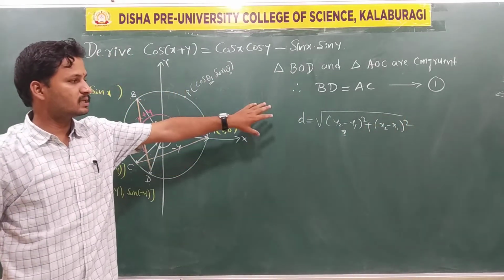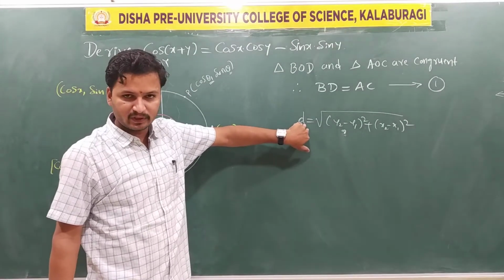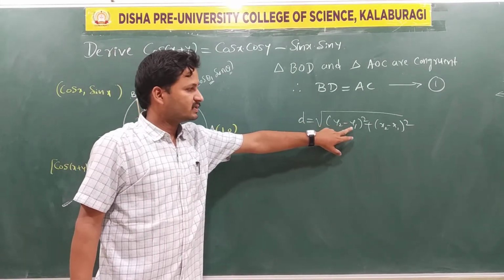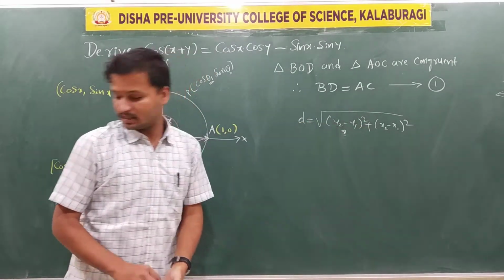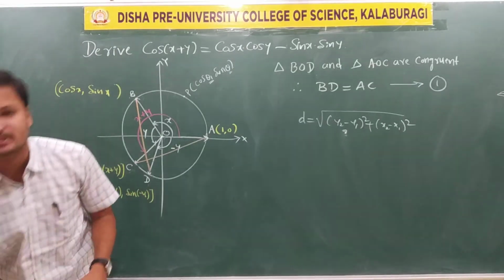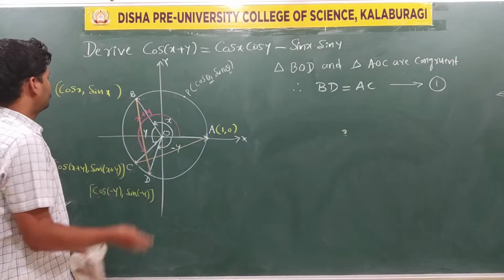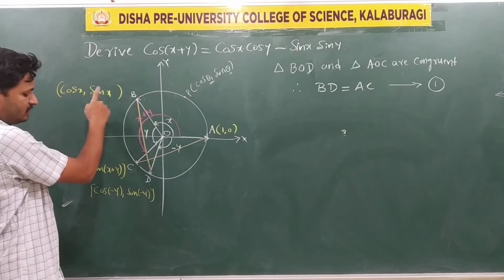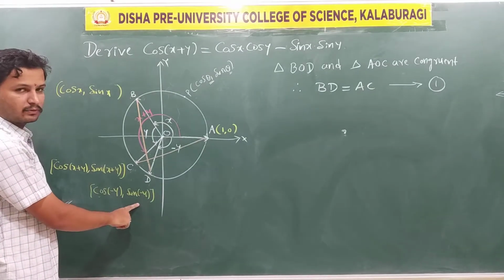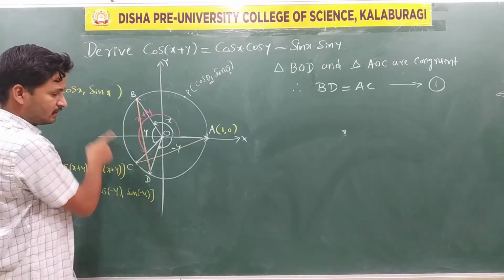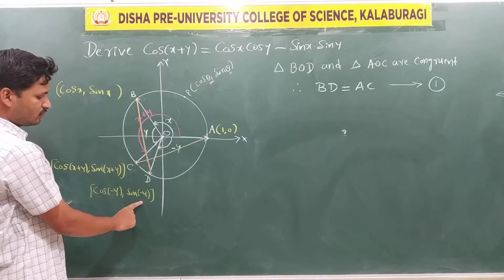Here, for B and D, we take x1 y1 and x2 y2.